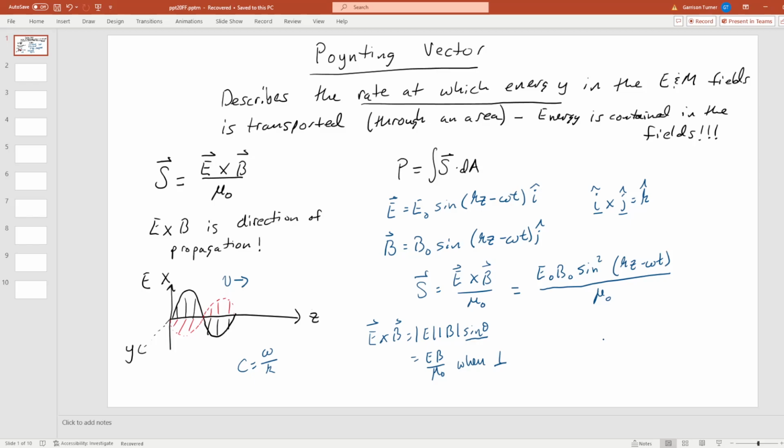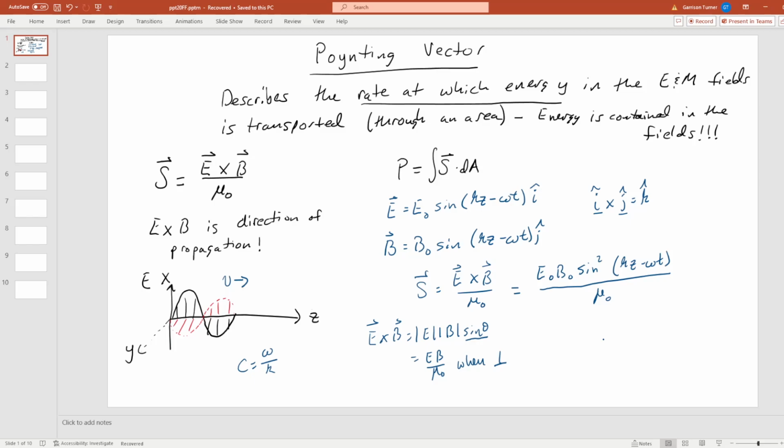Okay, so for a plane wave, this is the kind of wave that your lasers produce. Okay, for this kind of wave, your power per unit area is given by this expression. Okay, and then you would need to integrate that over some surface area to get the total power.